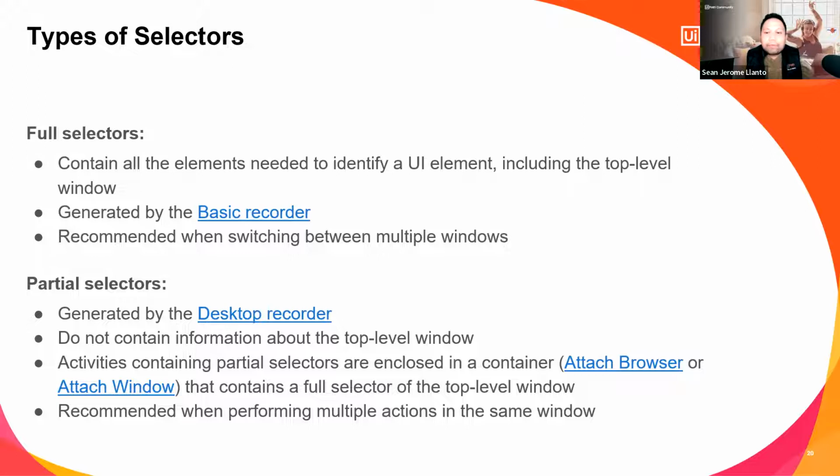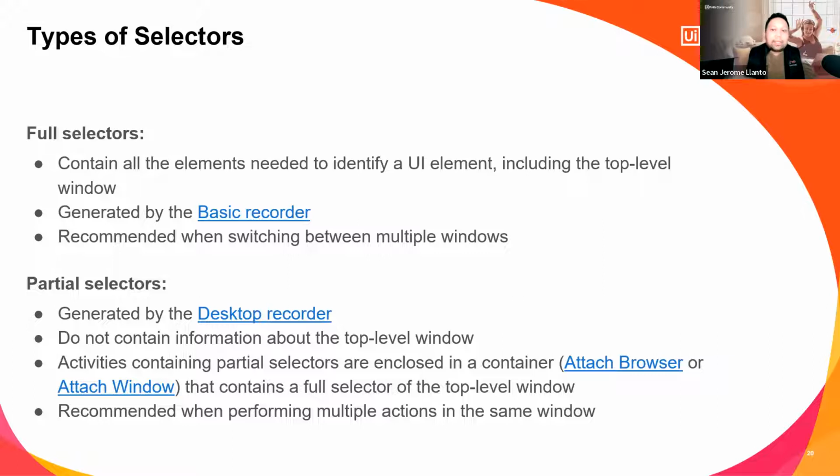Whenever we are using recording, like what Stefano was mentioning, a basic recorder will generate full selectors. A partial selector, however, does not contain the top level window. So if you have a container and then you have activities inside those containers, if you remove those activities from there, you will be missing the top level selector, which will not allow your code to work properly.